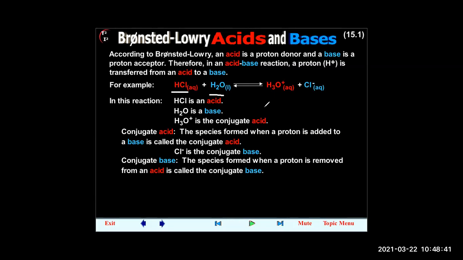And why do we call it a proton? Anybody? What is a proton? Any response? What is a proton in this case?